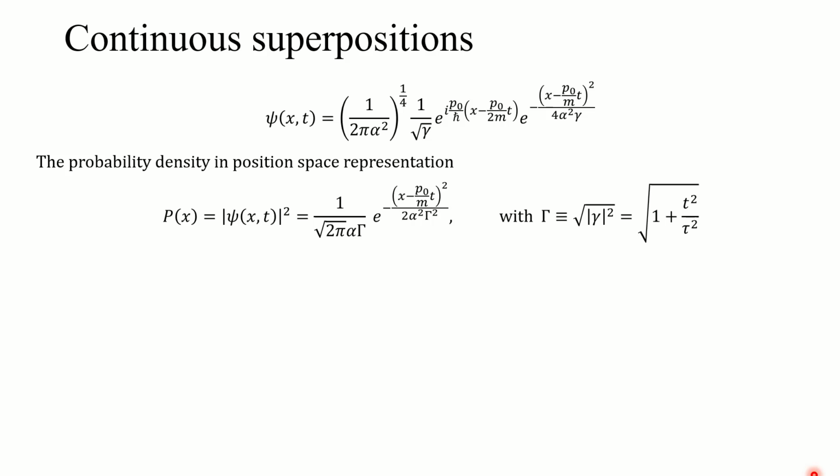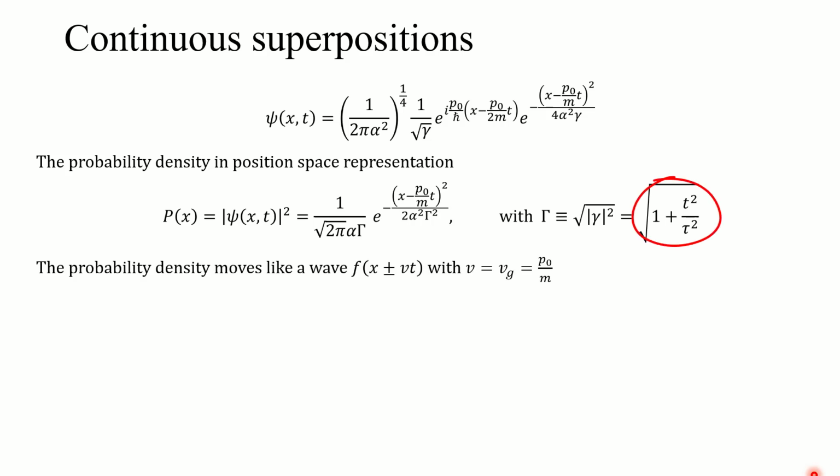If we take that, this term with the imaginary exponent becomes 1 when you multiply it with its complex conjugate. So we're left with just this, where we've redefined this capital gamma as the magnitude of that lowercase gamma, and it has a time dependence to it.